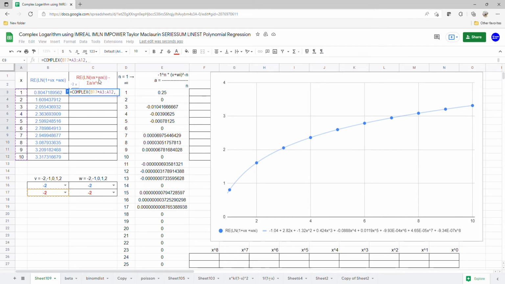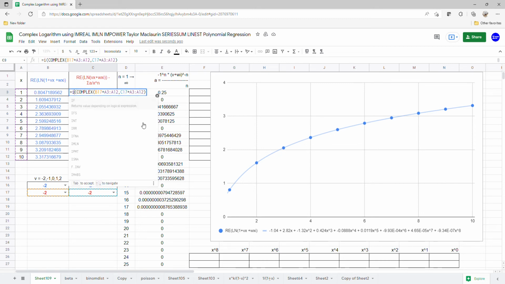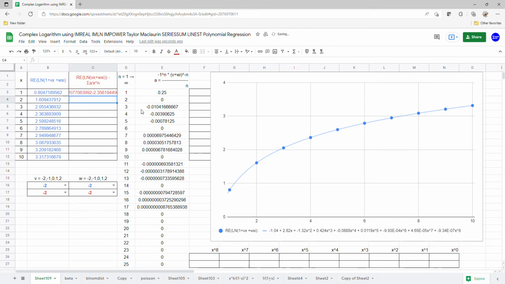The imaginary is w times x. And from here we take the logarithm of the complex number. So we use IMLN. But we want the real part. So IMREAL.